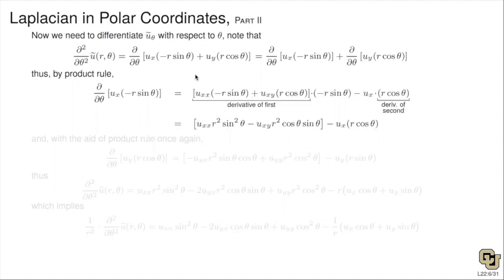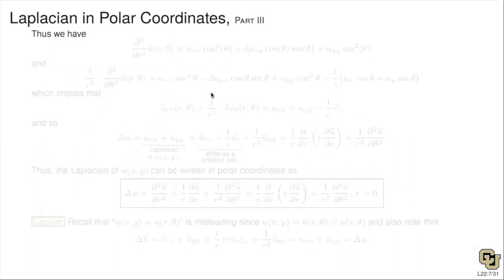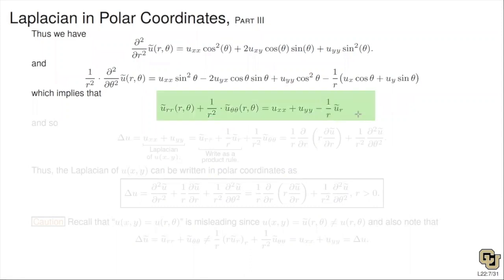I did a product rule and show it all again. Then I take a second derivative, then I divide by r squared, use some identities, and combine it with all this other stuff. Finally, you get this when you add everything. You get this extra term over here.